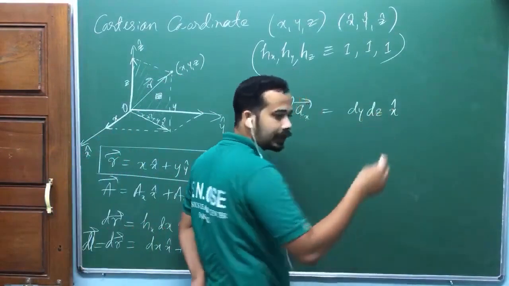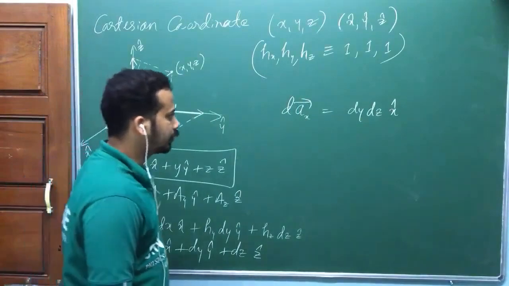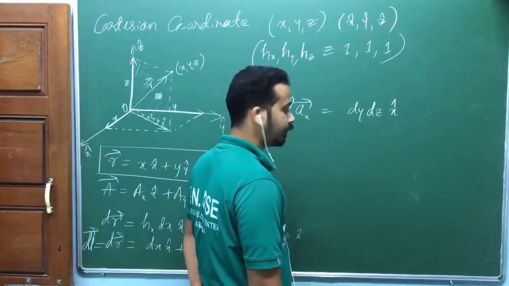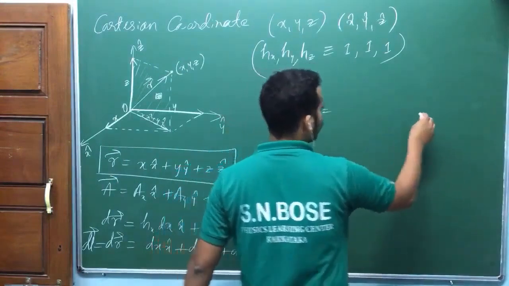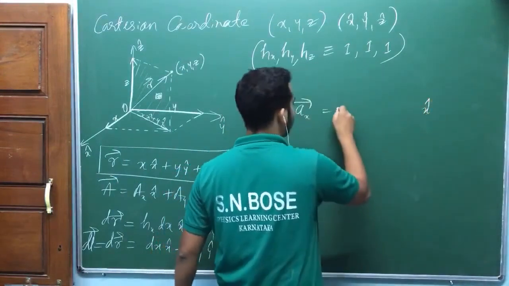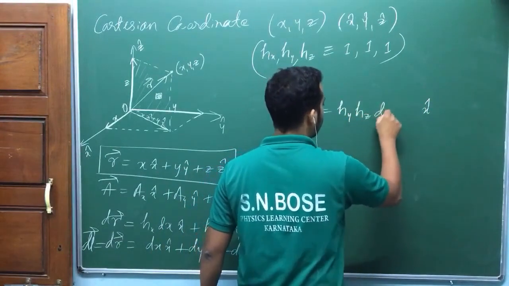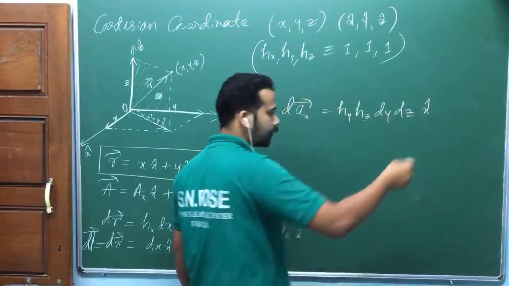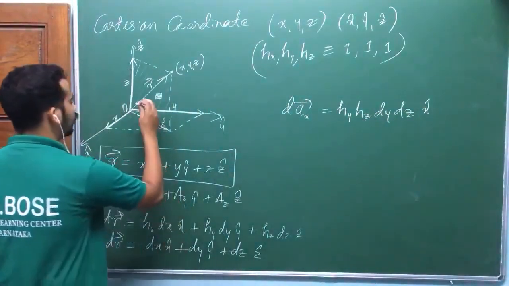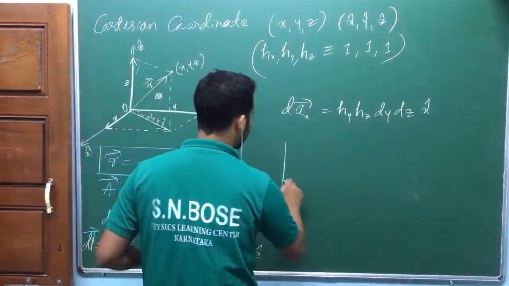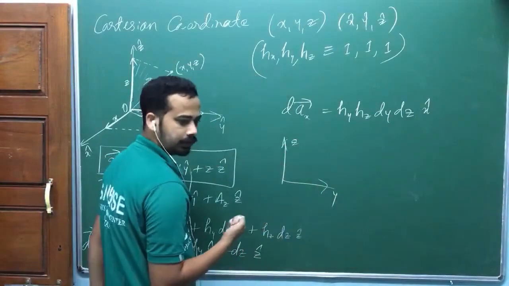This is how I gave the argument while dealing with that Cartesian surface integral. But here you have to write like this: dAx should be hy, hz, dy dz into x cap. You have to write like this. I did define that one directly. Do you remember? If you have the zy plane, with y here, z here, your x is like this, am I right?